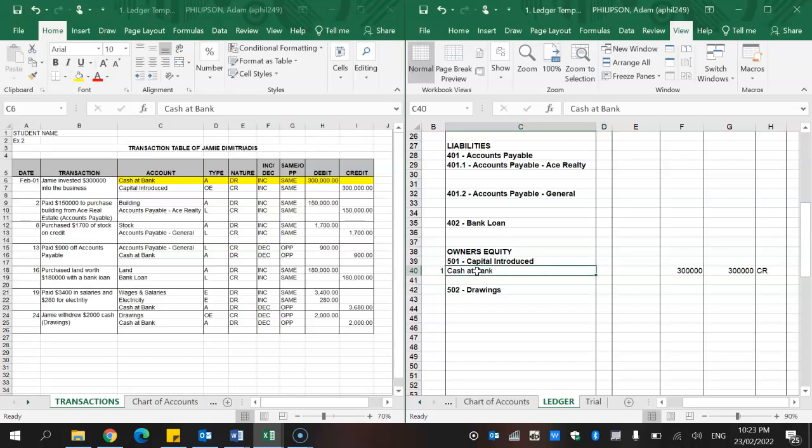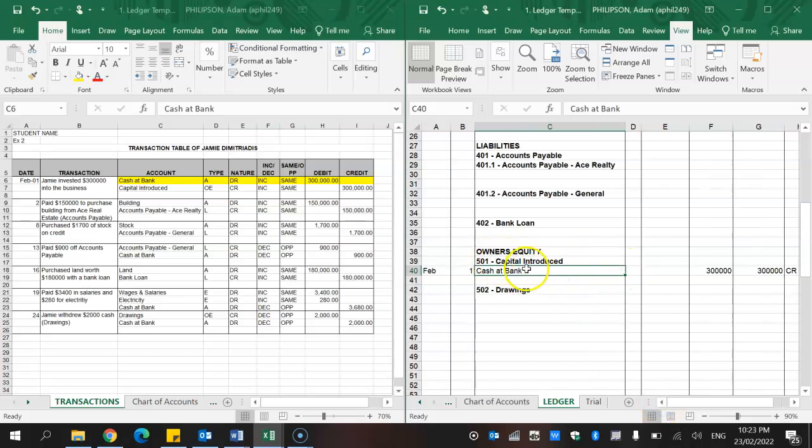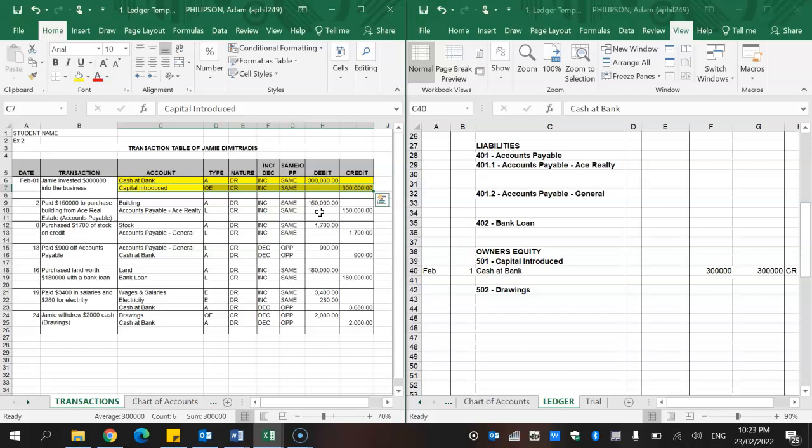Then, if we looked at this account in isolation, this is telling me that on the 1st of February, we put capital introduced into the cash at bank account of $300,000. So we're going to color code this one, and we move on to the next one.